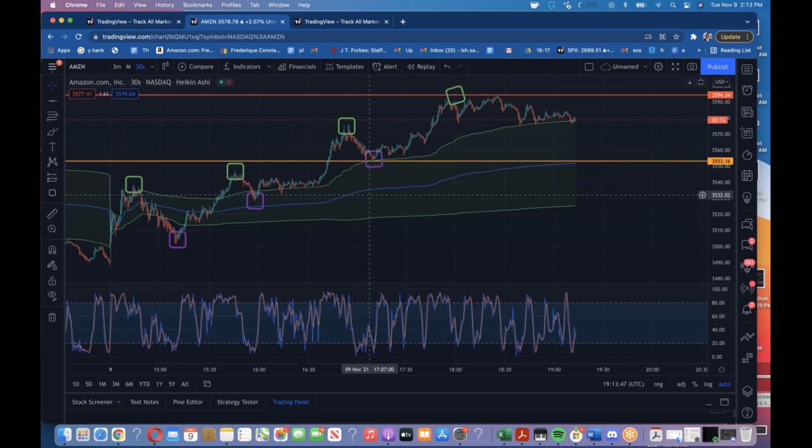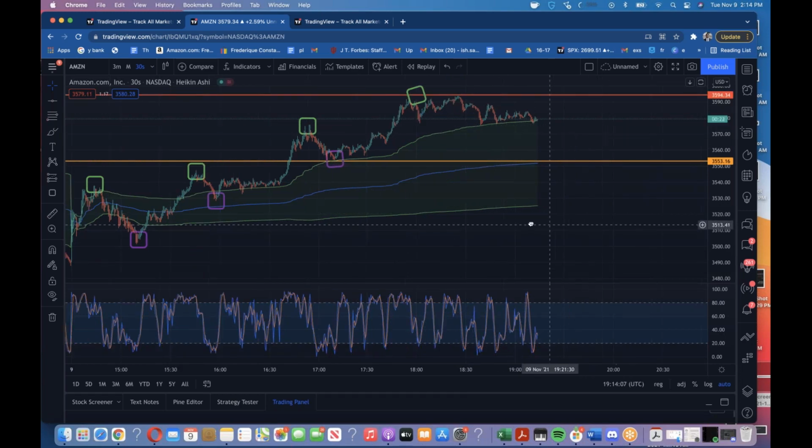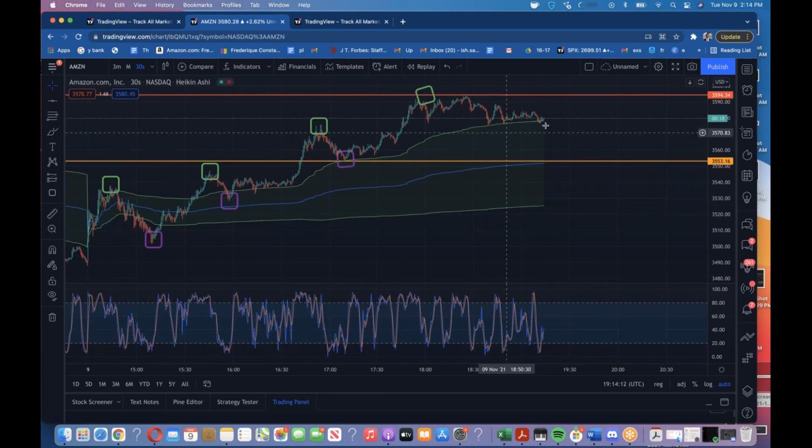So why I say that is because what I want you guys to imagine is if we bought one share of Amazon right now, right, and we're looking at it. And we're going to use it kind of as an example, because Amazon essentially is giving us that pullback, or that opportunity after breaking out of the high of day. So essentially, the closer we can buy it to this orange level, the better, right?